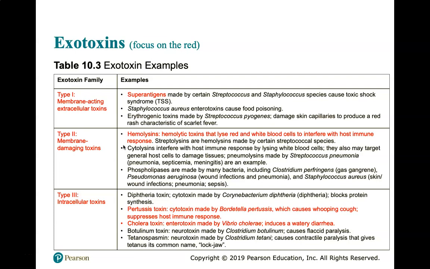And you would have to say intracellular toxins. Or give me an example of an intracellular type 3 toxin. You would tell me the pertussis toxin or PTX toxin. So it's really important that you understand this table and go over it and over it as many times as necessary to remember which ones go with which.